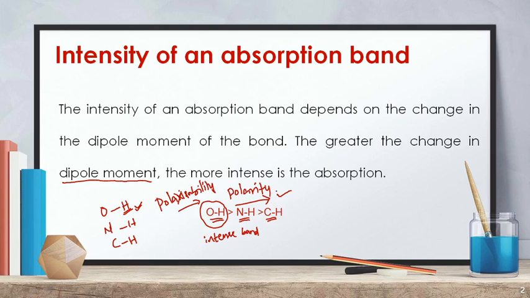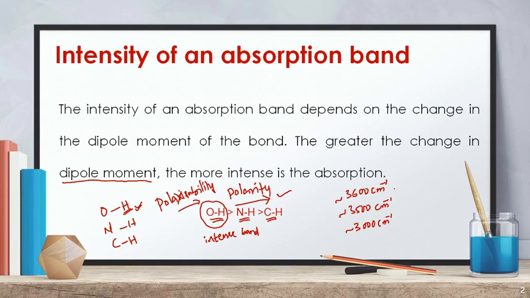If you want to compare the values also, OH will give the absorption band at about 3600 centimeter inverse. This is the rough idea. NH will give the absorption band at almost 3500 centimeter inverse, and CH will give the absorption band at around 3000 centimeter inverse, 3000 to 3100 depending upon the conditions.